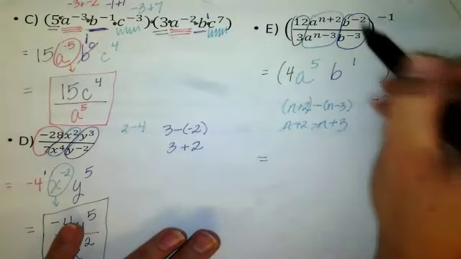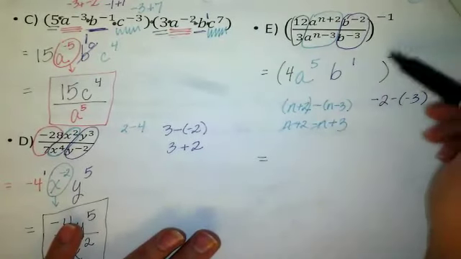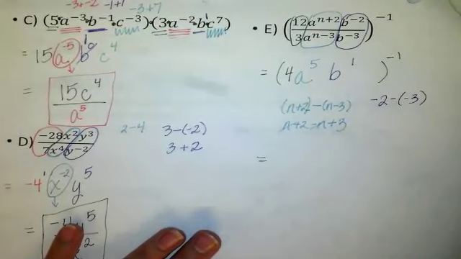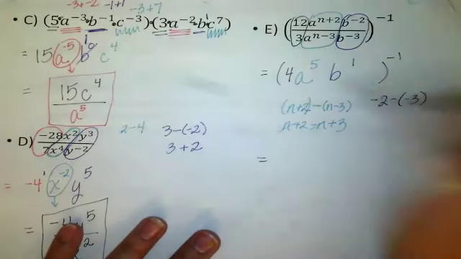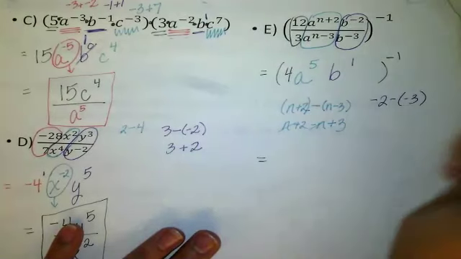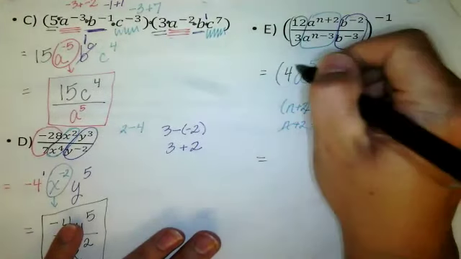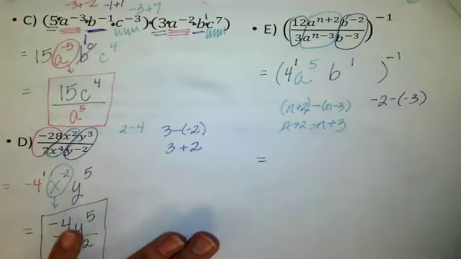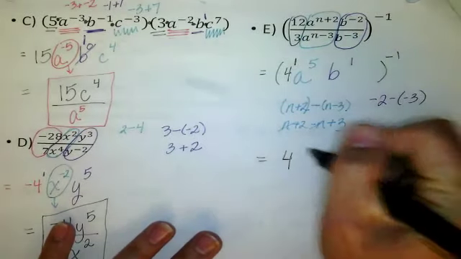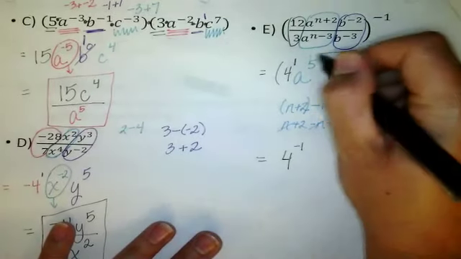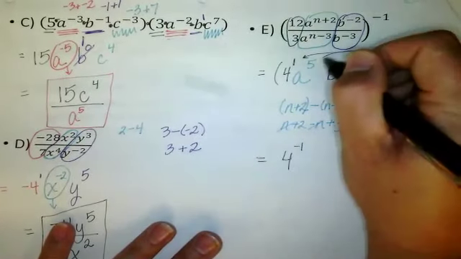Now that I've cleaned up inside, what do I do with this outside power? Distribute it. And it goes everywhere, right? Even to the 4? Yeah, because the 4 has its own little exponent. All right, so that's going to give me 4 to what power? Negative 1.